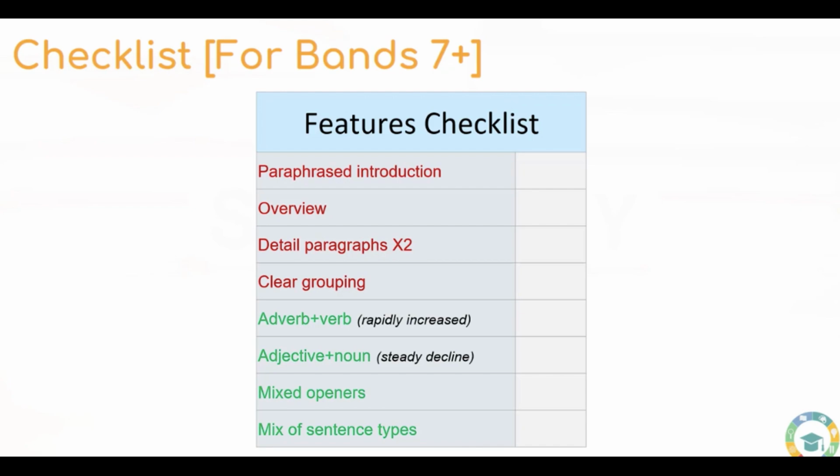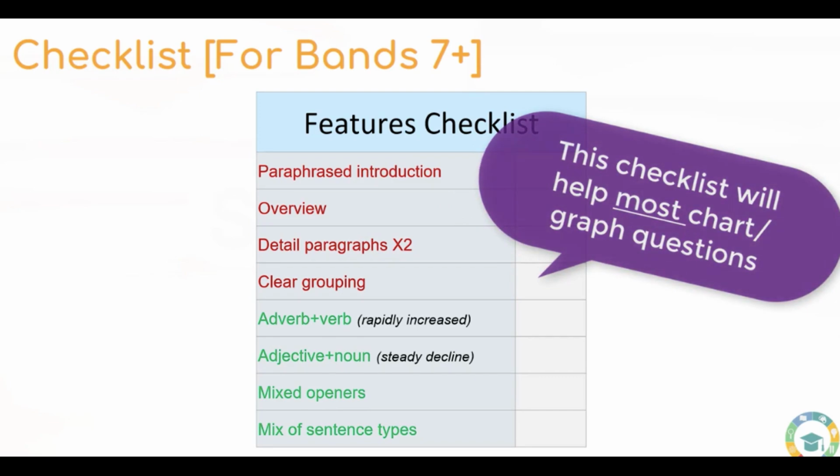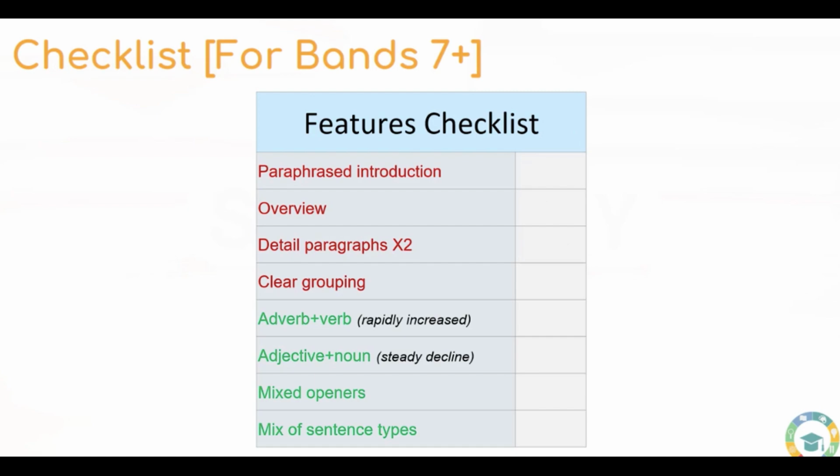At the top 4 features in red, we have our features for organisation, structure and answering the question. And below in green, we have features for vocabulary and grammar. I really do recommend trying to use this features checklist when you are practicing writing a report. Let's move on to taking a look at this question.